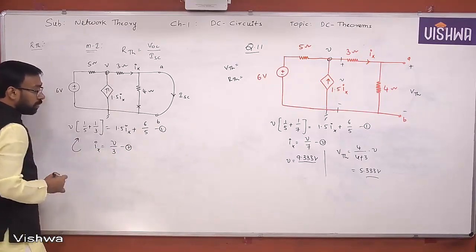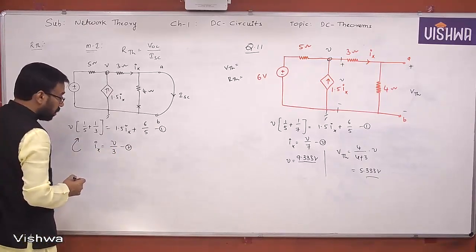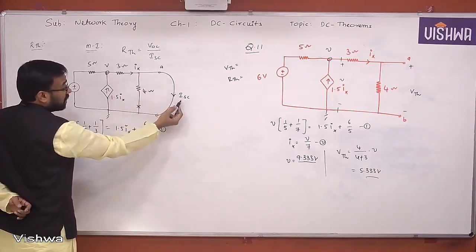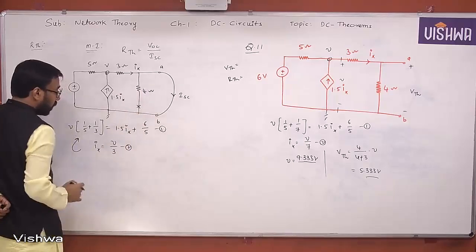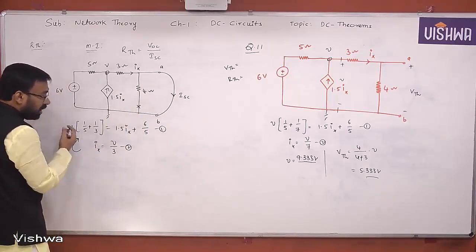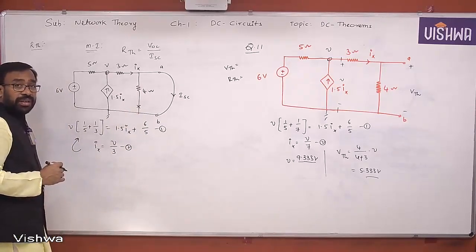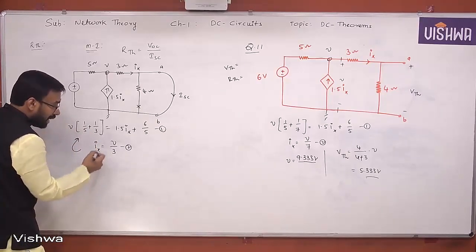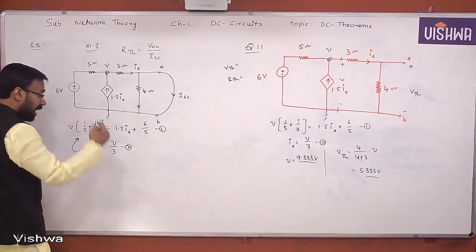Substituting equation 2 in equation 1, you will definitely get, because here Ix is nothing but ISC, because this is neglected, the same current is flowing. So it is better to substitute V in terms of Ix. Or else if you substitute Ix is equal to V by 3, then you get the V value directly, then again you have to find Ix.